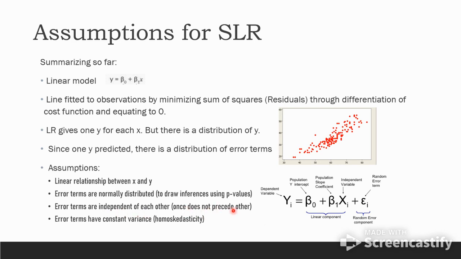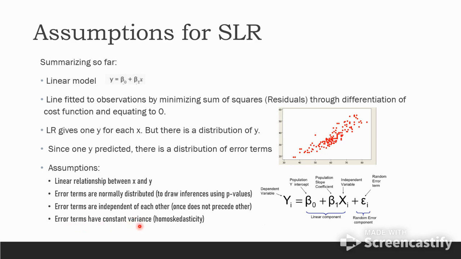One does not precede the other. The existence of E2 is not directly dependent on E1. There cannot be a dependency on each other. Otherwise, there is a redundancy in the entire model, because if E1 and E2 are dependent, then the variables due to which these error terms are getting created are also dependent on each other, and these are not mutually independent variables that we are working with.